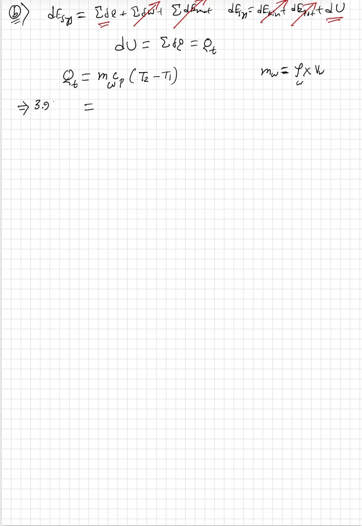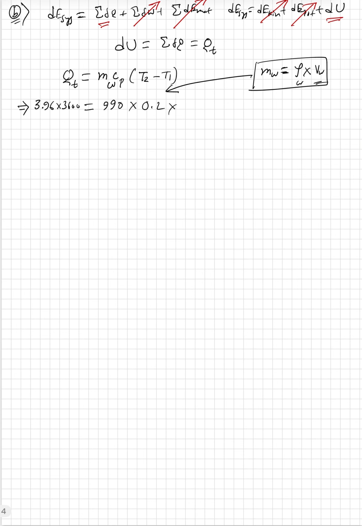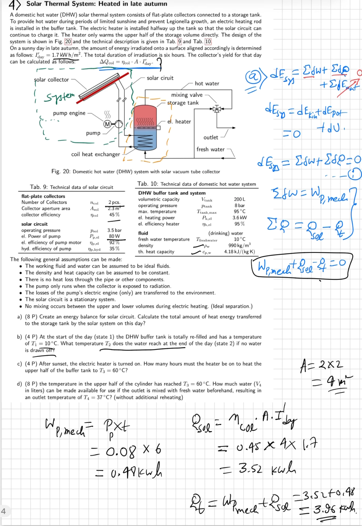So it would be 3.96 into 3600, and the mass of the water is rho cross V, so 990 cross 0.2, and Cp is 4.18, and you have to figure out T2. T1 is mentioned as 10 degrees.